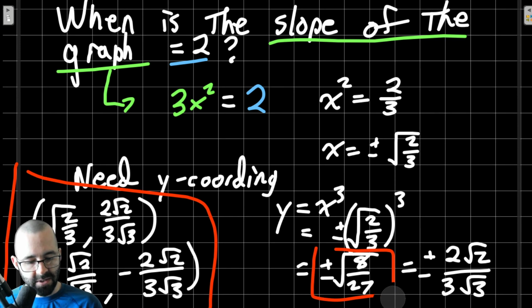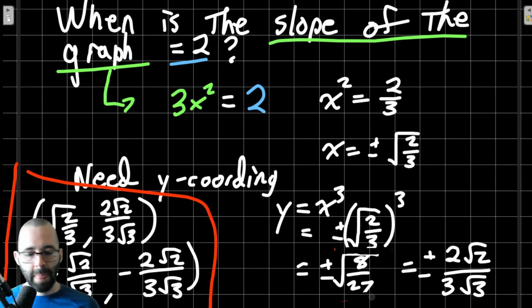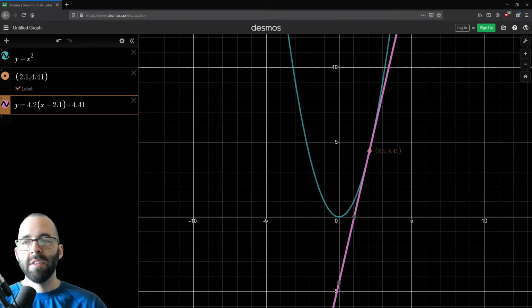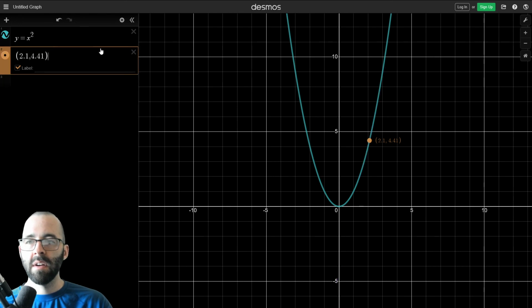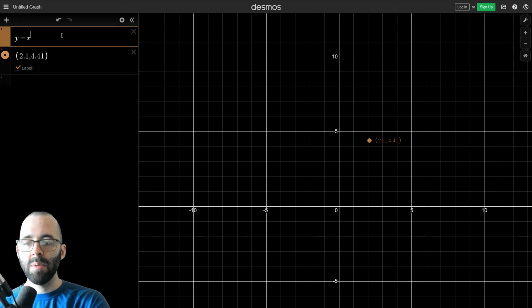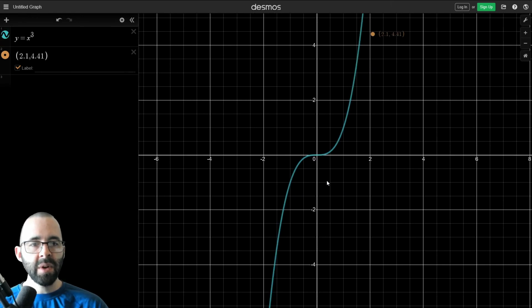This is not actually our answer over here, but I want to be a little careful with erasing it. Let's check our answers. Let's see what we got. All right. So what we're doing is we're looking at the graph y is equal to x cubed. And specifically, we want to know when the slope of this is 2.